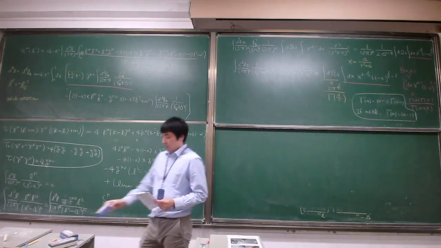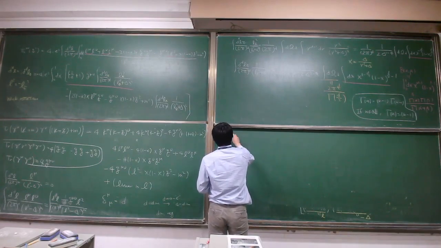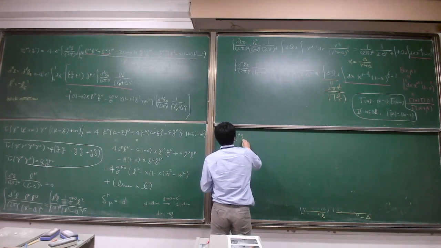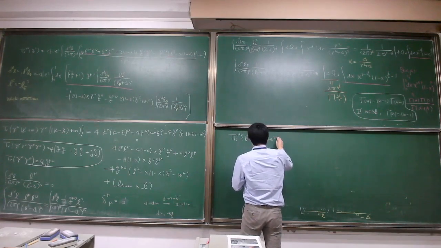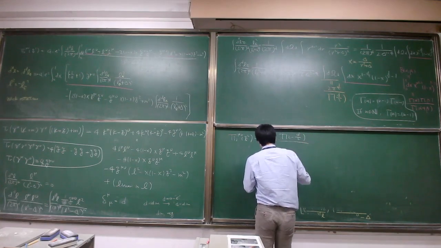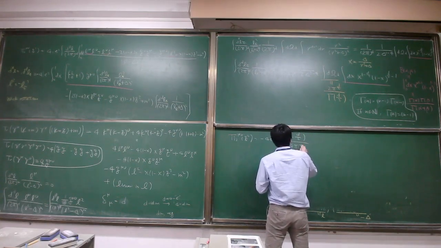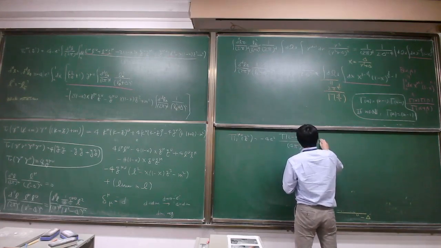So one can show the following: gamma 2, nu of q squared, is equal to minus 4e squared, and the overall factor is 4 pi over 2, integral from 0 to 1 dx.